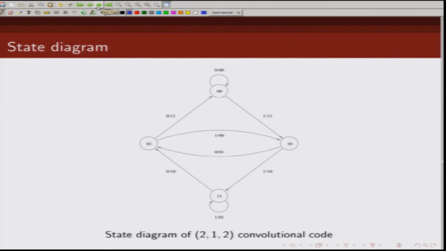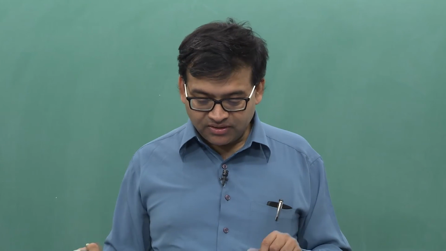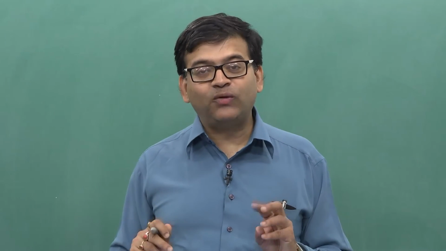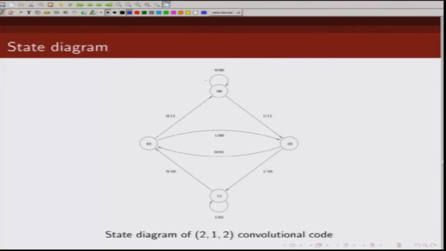Now, we are going to modify this state diagram for the purpose of calculating the weight enumerating function. So, recall what modifications we have to do. We have to remove the self loop around the all 0 state, and we have to split this all 0 state into 2 states, initial state and final state.